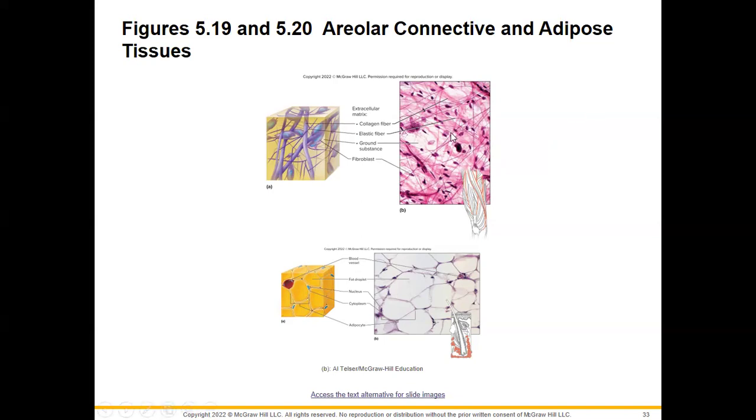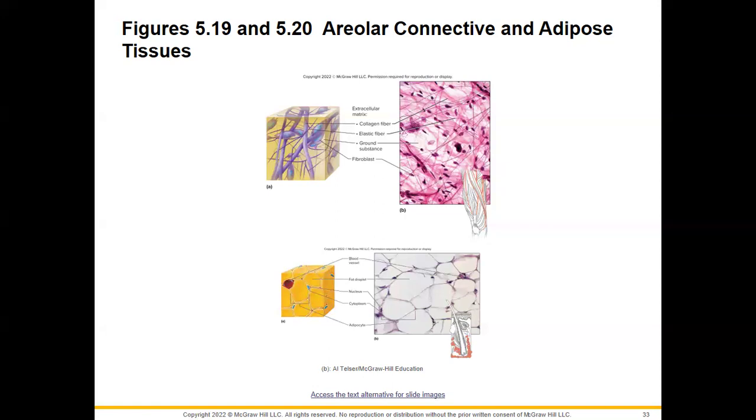You'll see these smaller, thinner fibers running through this tissue sample. Those are going to be your elastic fibers. And then you have these dots. The dots are going to be the fibroblasts themselves that are actually producing the fibers that make up this tissue.